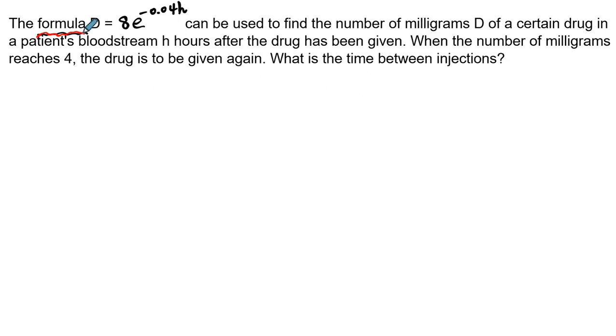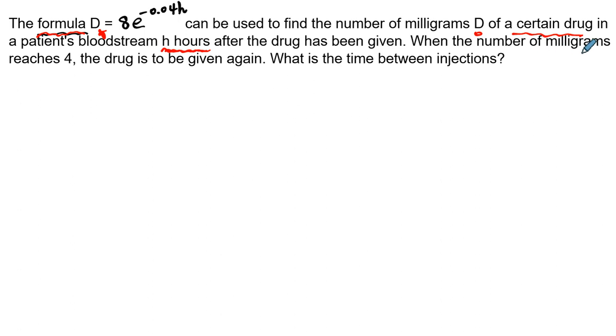The formula is D equals 8 times e to the negative 0.04 times h, where h is the hours. It can be used to find the number of milligrams D, the amount of certain medicine or drugs in the patient's bloodstream, h hours after the drug has been given or injected into the human body.